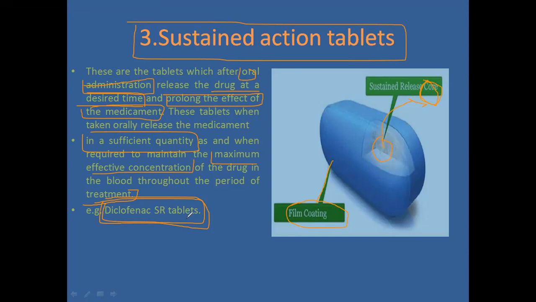For example, PVP polymer, that is polyvinyl pyrrolidone. I can use HPMC, that is hydroxypropyl methyl cellulose. So these polymers will be helping us to prolong the effect of the medicament. And the classical example is the diclofenac sustained release tablets.